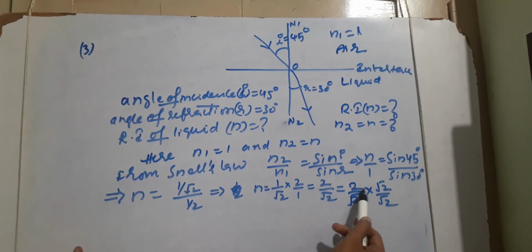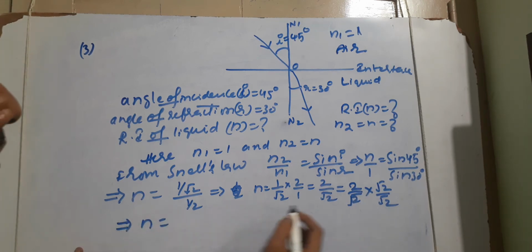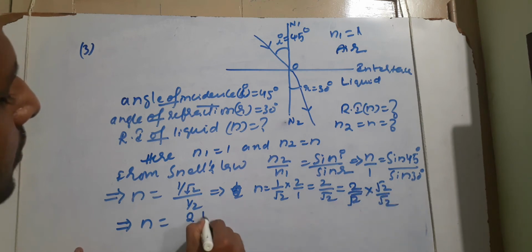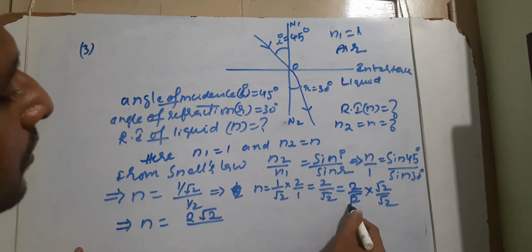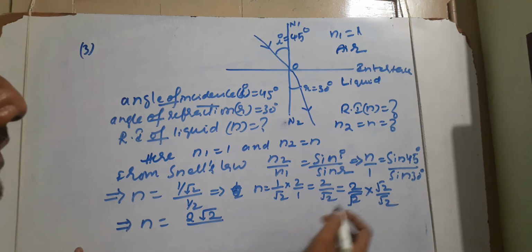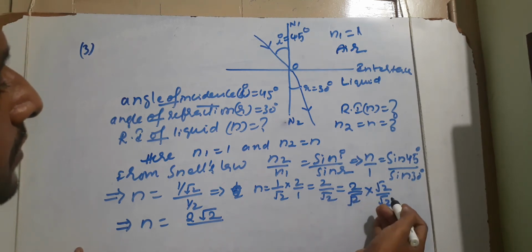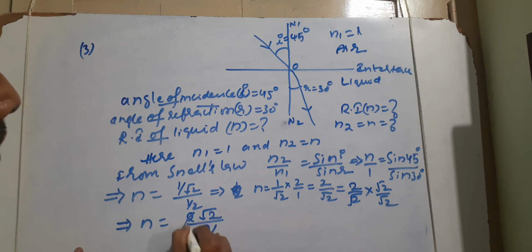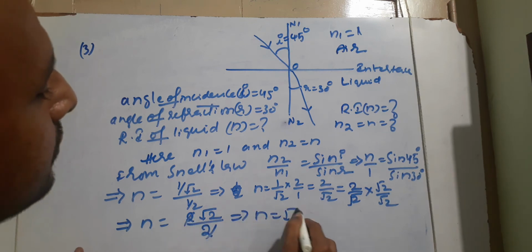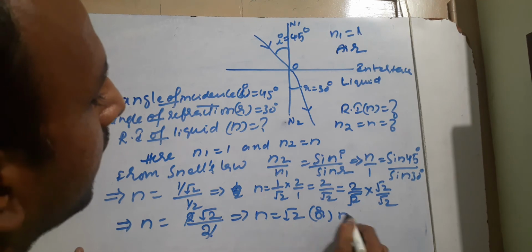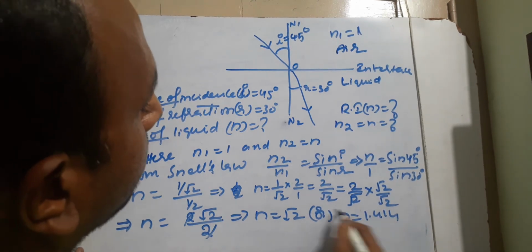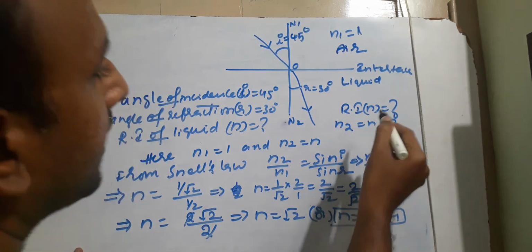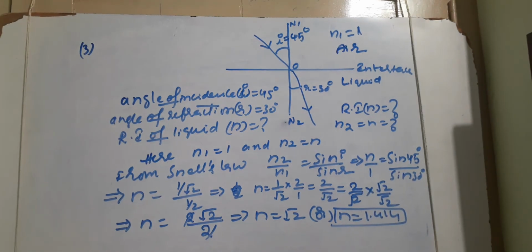So we get 2 root 2 over root 2 into root 2, that is square root of 2 into square root of 2, which will be 2. So this implies n is equal to root 2, or n is equal to 1.414. This is the refractive index of the liquid, students.